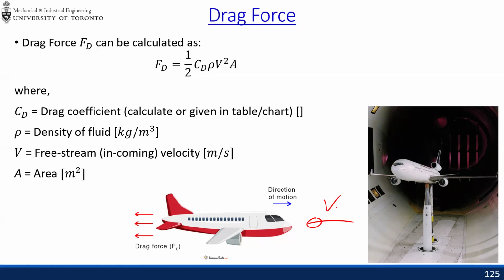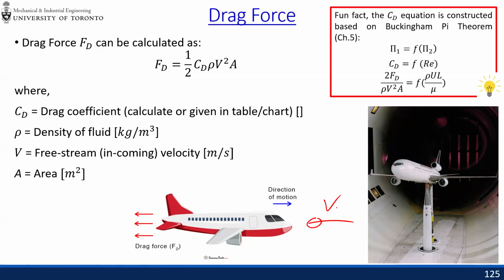Now, F D equals half C D rho V squared A. C D, the drag coefficient, is dimensionless. You either find that in a chart, or you calculate it, or you look it up on a table, or it might be given as part of the problem. Fun fact, this is actually based on chapter 5. Pi 1 is your drag coefficient, C D. It's basically a function of your Reynolds number.